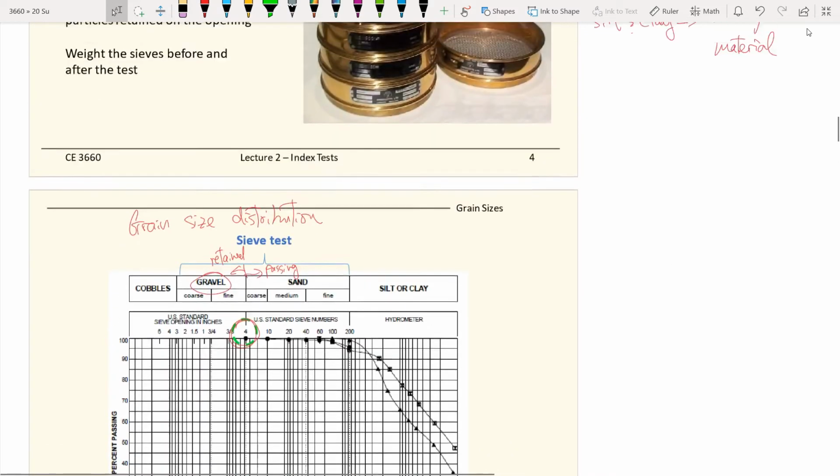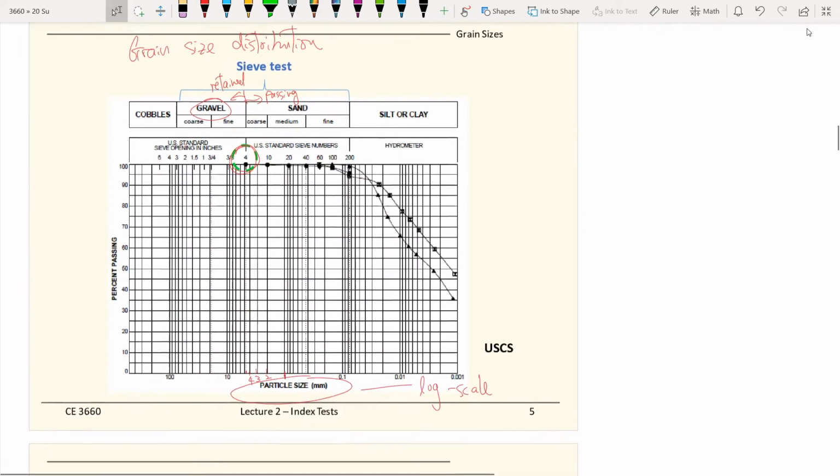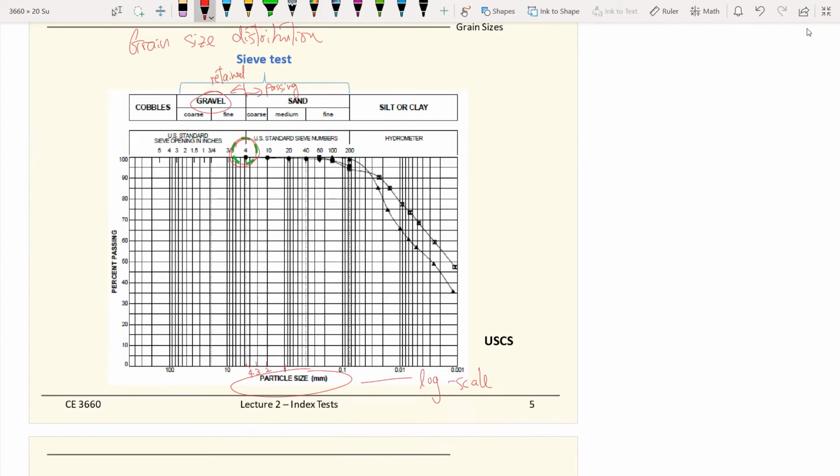Very similarly, another very important sieve size is number 200. It's 0.075 millimeters. So this is 0.075 millimeters, and that represents number 200. On the x-axis, you can identify the particle size based on the sieve test results.